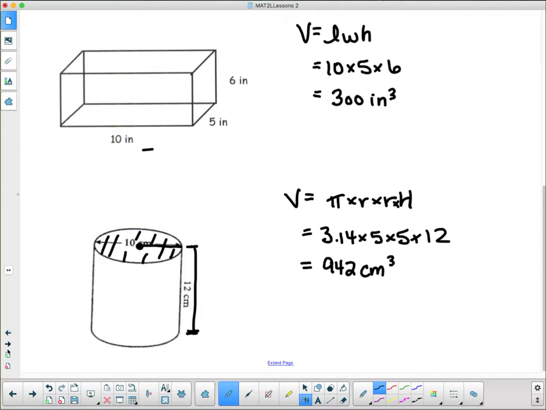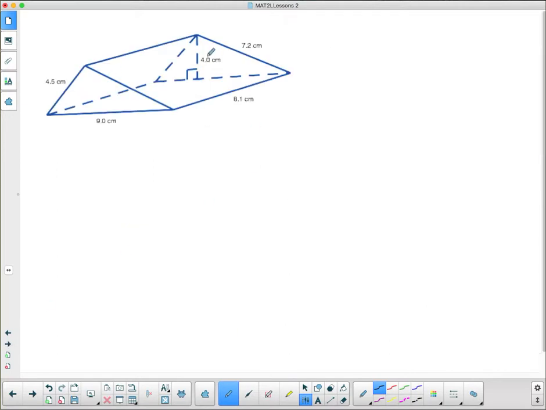And one more example. This is a triangular prism, and remember we have to find the area of the base, which is the triangle side. So we need to use volume equals 1/2 base times the height times the whole height of the prism. Now the base and the height here, this is only the triangle at the bottom or at the top, and you can see that they've given us the height on here.